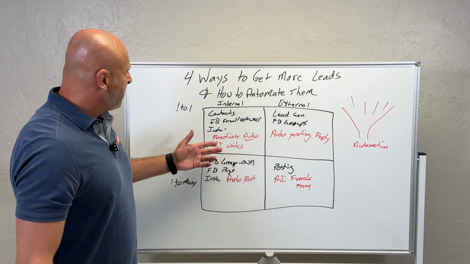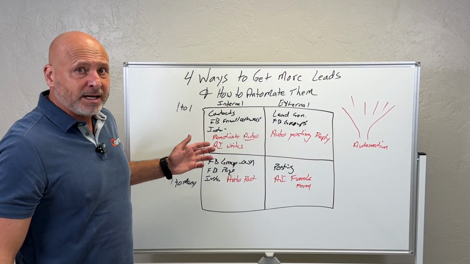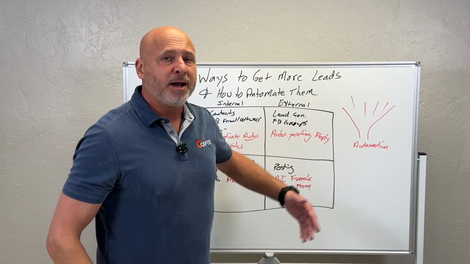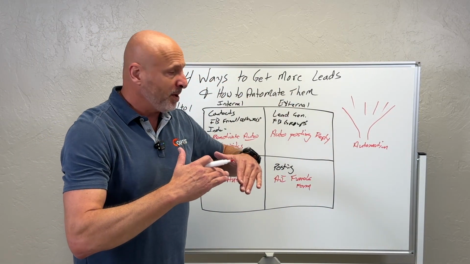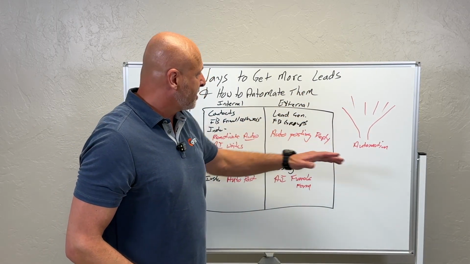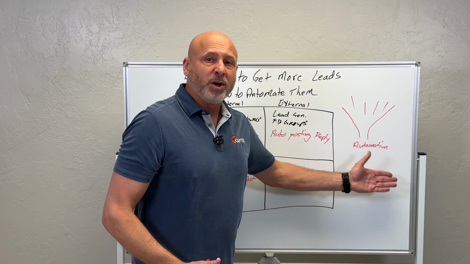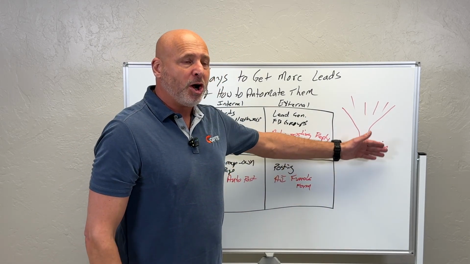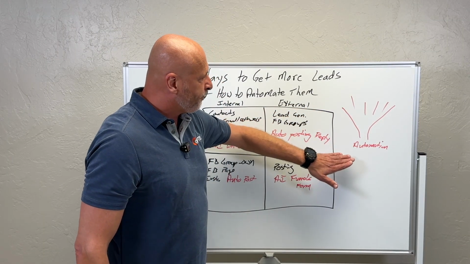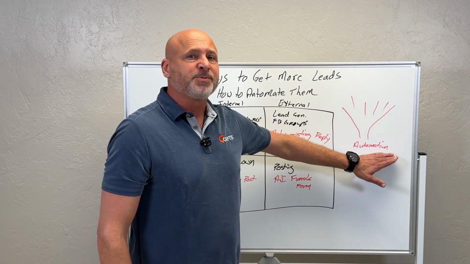So if they reply to an email that you did on a reactivation campaign, for instance, your automations are going to automatically respond, hey, whatever you have it set up is, and engage those contacts for that reactivation campaign. Whenever you post on your social media and you have an automatic response, those comments are coming in and the automation automatically responds to them.